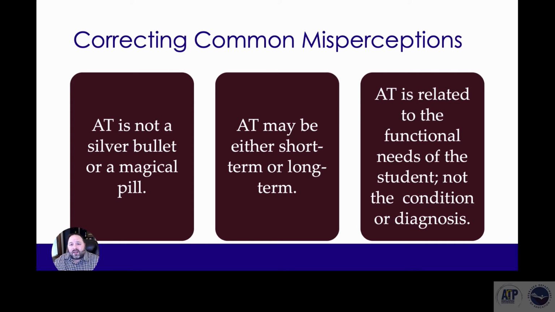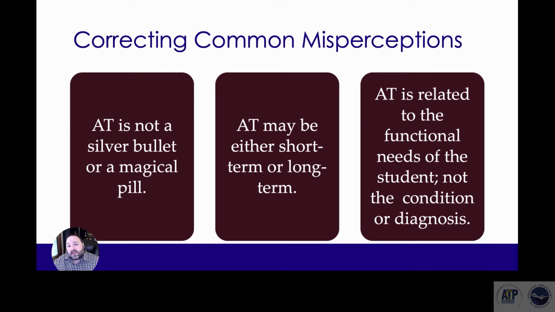The condition or the diagnosis can inform, but it's not dependent upon it. And what I mean by that is we don't sit there and say, well, there's a class of assistive technologies for kids with learning disabilities, or a class of assistive technology for students with intellectual disabilities.